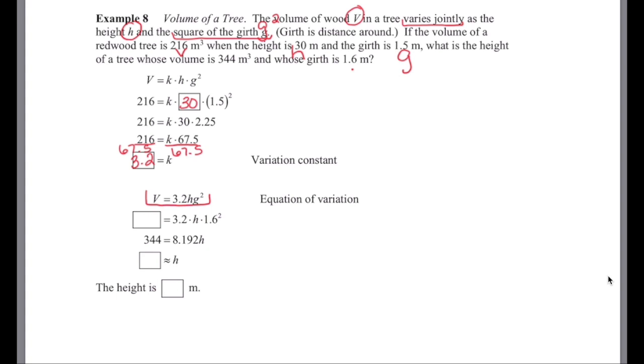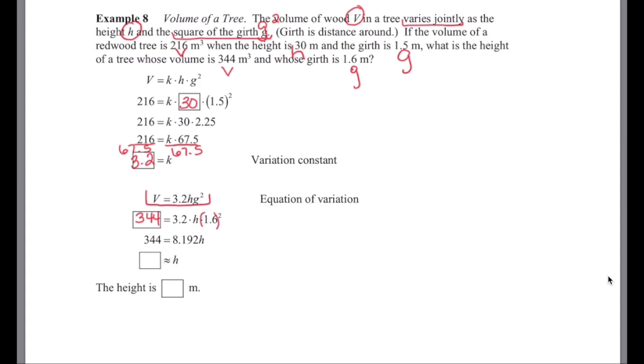It's asking us to find the height of a tree whose volume is 344, but whose girth is 1 6/10. Our volume is 344. We know our k value. We do not know h because it's asking us to find the height, is equal times 1 6/10 squared.